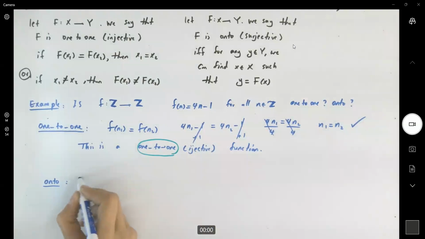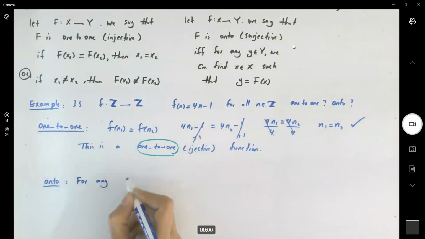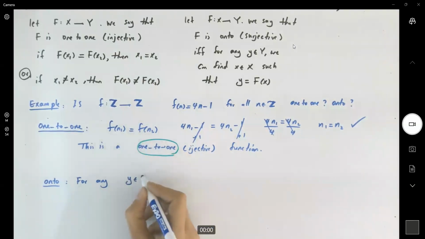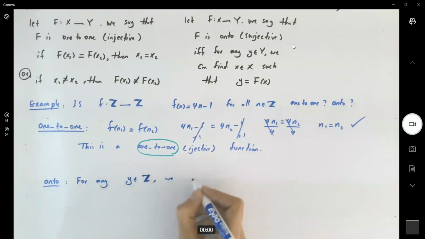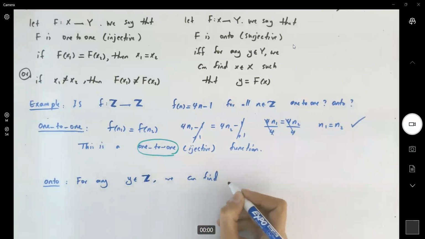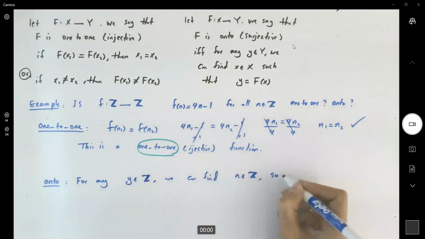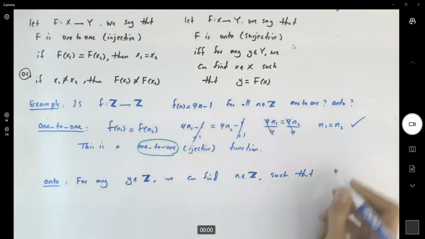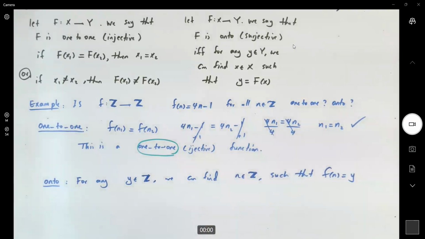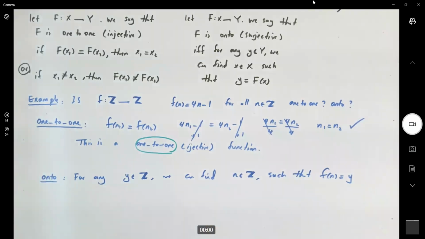Well, we need to show that for any y value in Z, you can find an x value or n value in Z such that f of n is equal to y. This is our goal. This is what we try to find. So you might say that, hey, by doing the algebra, I'm going to come up with the exact same thing that we did before.